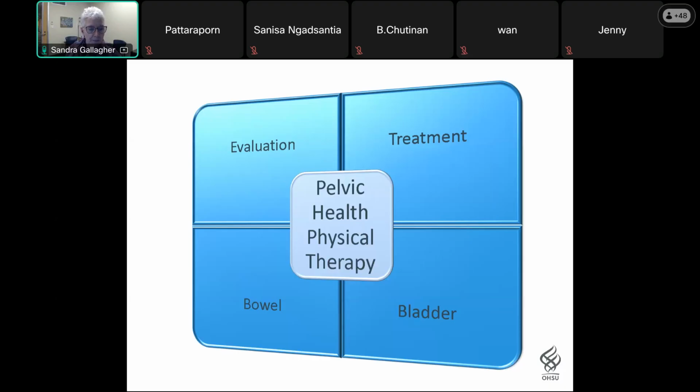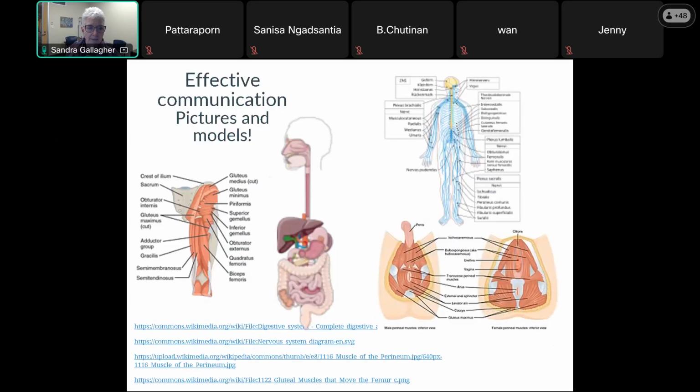Last year, people wanted ways to have effective communication, and I'm going to say the best thing that you can do is have lots of pictures and models of the digestive system, the urinary system, the bladder. I have this illustration here of the hip muscles because there's a lot of interrelationship there, and then specifically pelvic floor muscles and the nervous system.